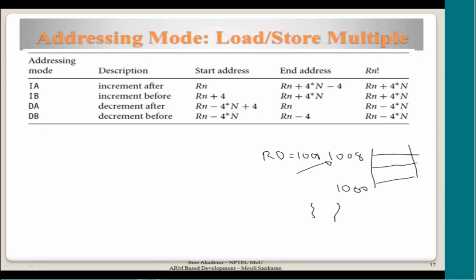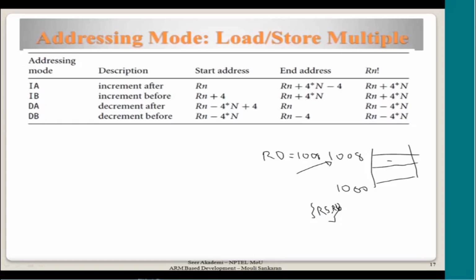And then you are given a register list saying R5, R6. Sorry, I don't have space here, so please forgive me. Now, what are you trying to say?